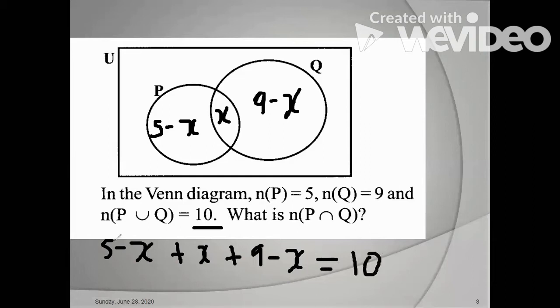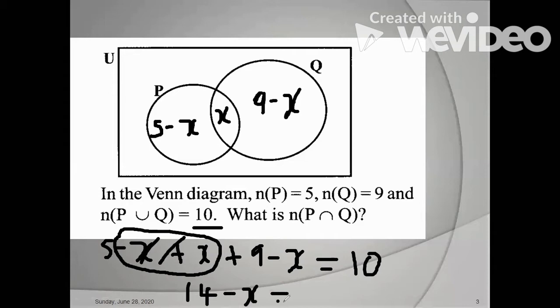Right away, minus X plus X is eliminated, that turns out to be 0. So we end up with 5 plus 9, which is 14. We write back the negative X, and put everything equal to 10.